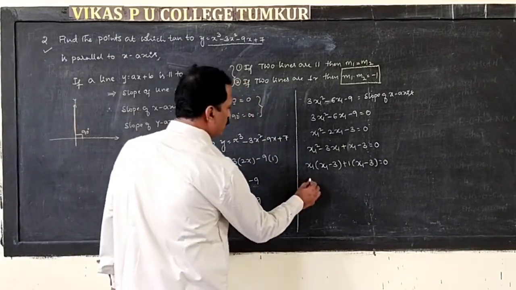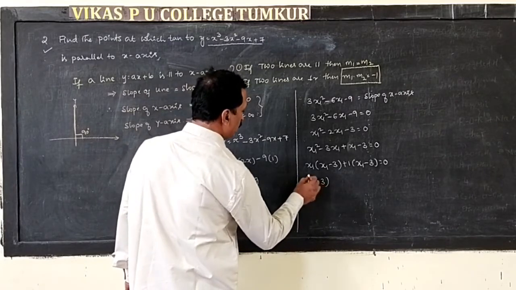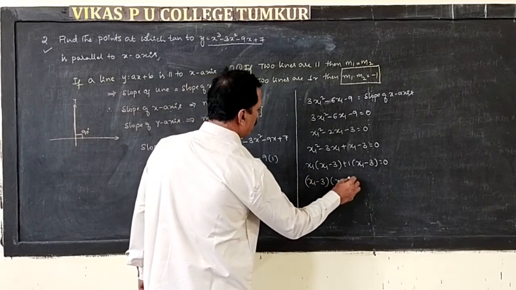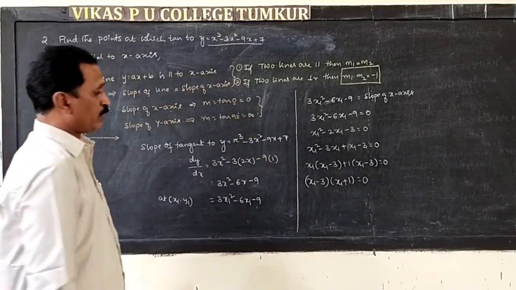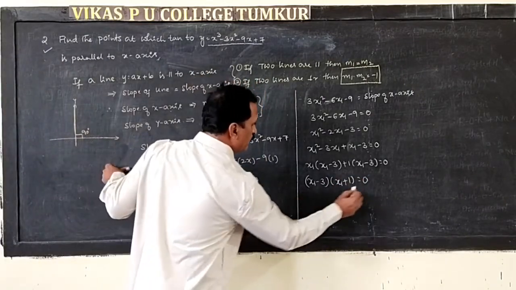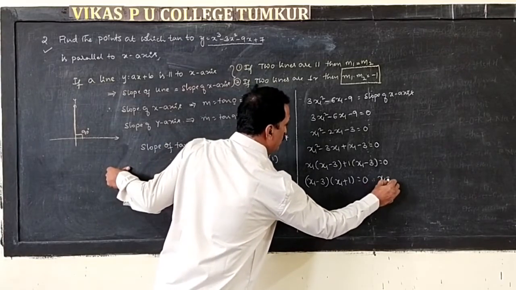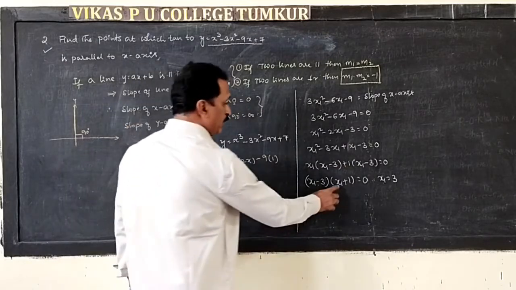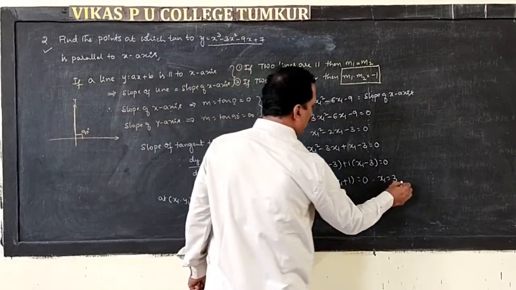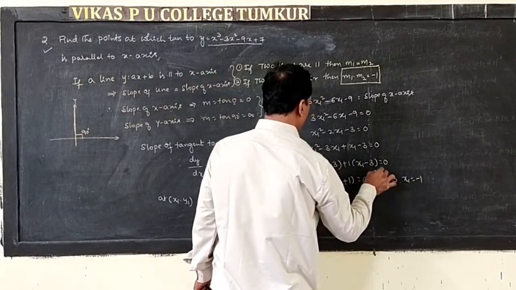Let me take x1 minus 3 as a common factor, and the remaining is x1 plus 1, which should be equal to 0. Now one of the factors should be 0. Therefore x1 minus 3 equals 0, so x1 is equal to plus 3. x1 plus 1 equals 0, so x1 is equal to minus 1.